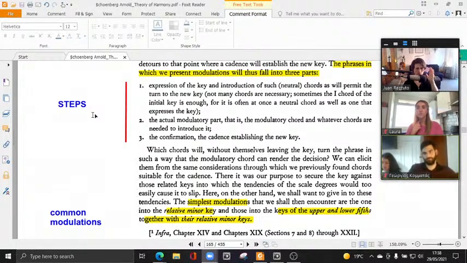The tonic chord of C major is the subdominant of G major, which is a fifth above, or to the right on the circle of fifths, or the dominant chord of the key a fifth below, in this case F major, and it expresses the key. So, an amazing chord, the Swiss knife of the modulatory chords. The actual modulatory part, that is the modulatory chord, and whatever chords are needed to introduce it.